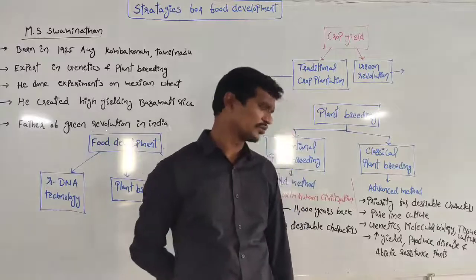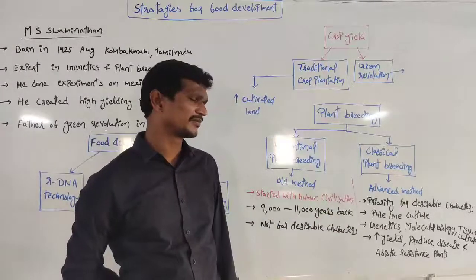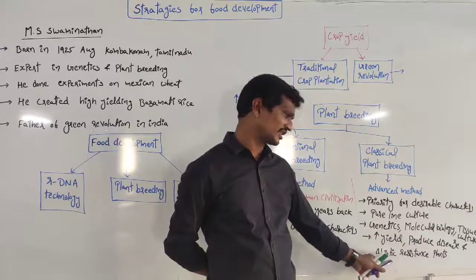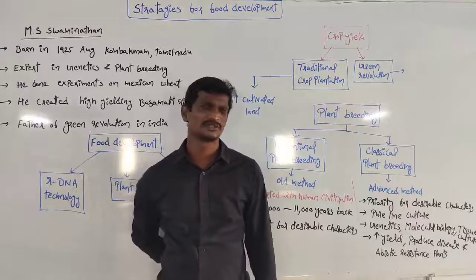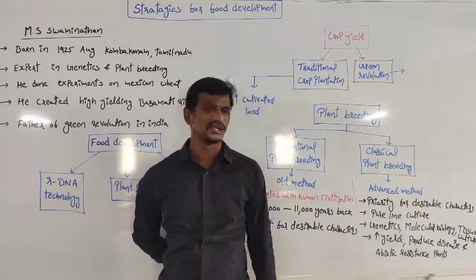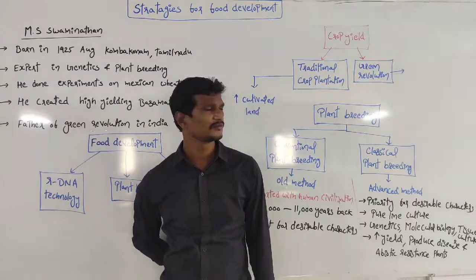All these are shown by the plants produced by classical plant breeding. We know yield is increased, obviously, and the next is to produce disease resistant plants and abiotic resistant plants.